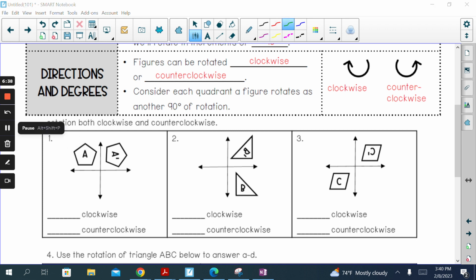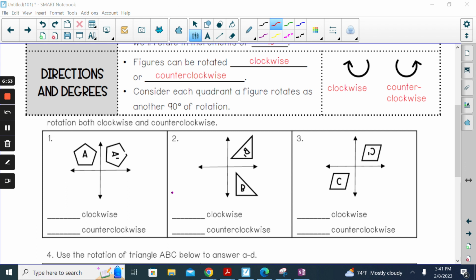So if I took A and it goes from quadrant 2, all right, if we take it and it goes from quadrant 2 to quadrant 1, first off, we know that is clockwise because we are moving in the direction a clock spins.